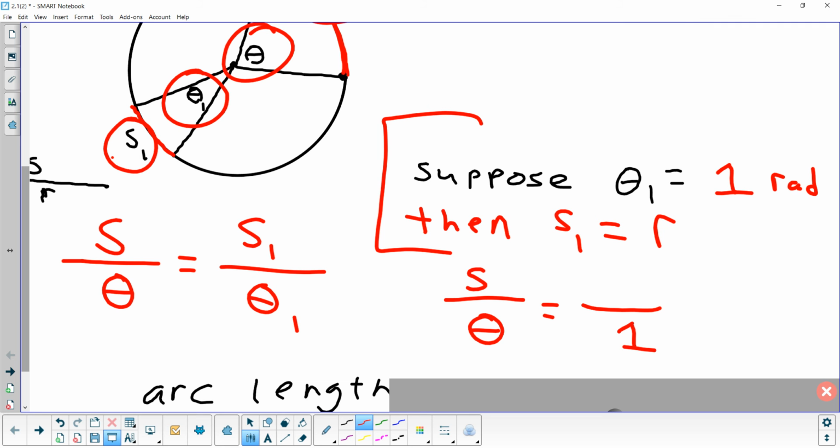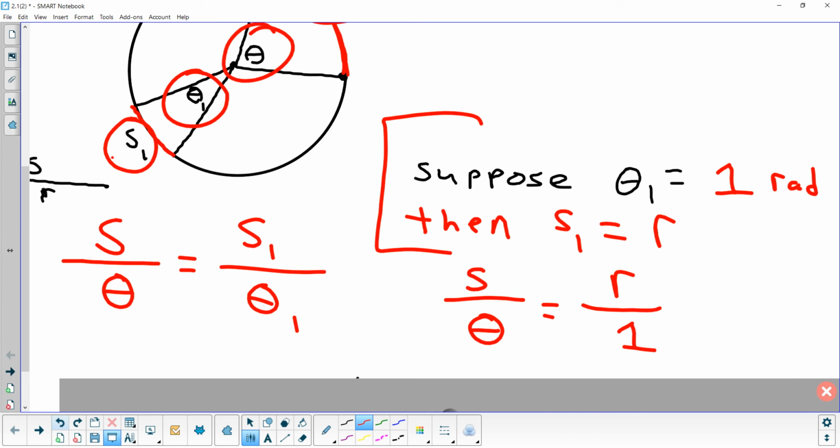And then it means the length of the arc would automatically be the same as the radius. This part right here, that's like your 1 foot, 12 inches. That's a fact that is always true. Not as natural to some people as 1 foot equals 12 inches because it's something new. You haven't worked with this as much, but it's exactly the same idea. Now, usually when we have a proportion, we do something to solve it. Does anybody remember the name of the technique you use to solve a proportion?